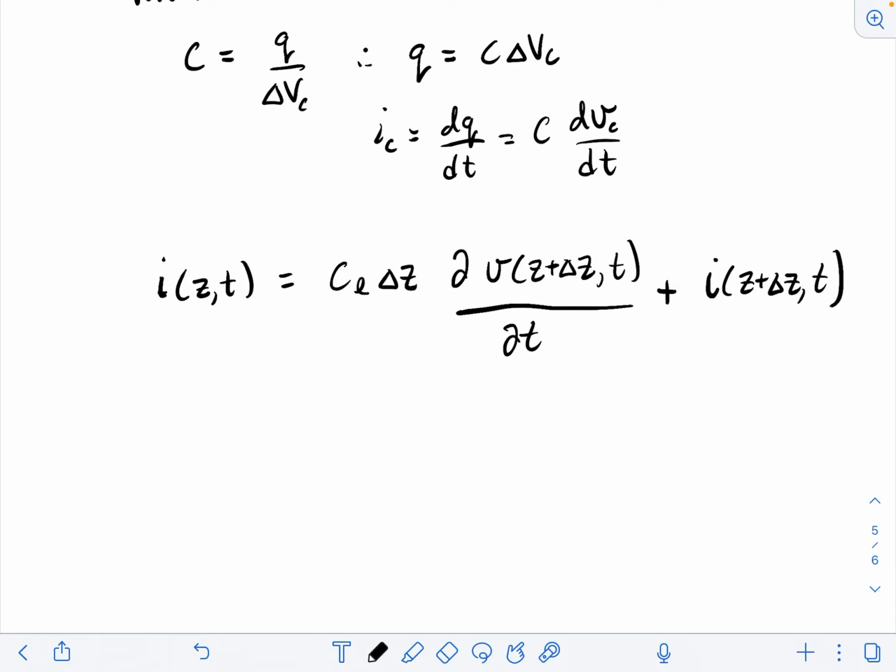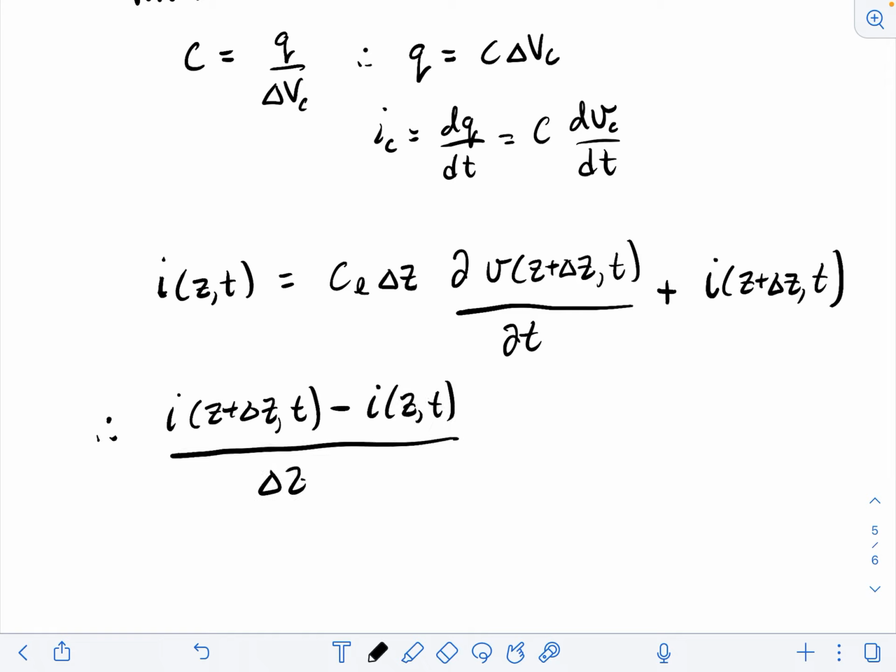Okay, like we did before, we'll do some rearranging. So I'm going to end up with an I at z plus delta z minus I of z, and then we'll divide by delta z. So what we have is I(z+delta z) minus I at z, and then we divide by delta z.